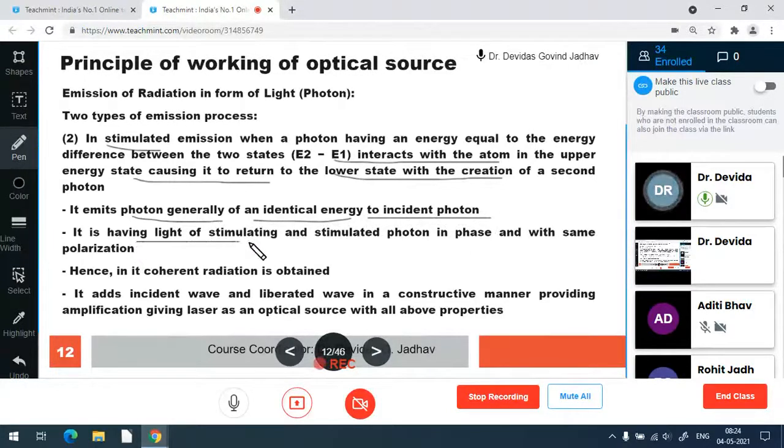So the stimulating and stimulated photons are in phase with the same polarization. Hence, this is coherent radiation. In coherent radiation, the incident wave and liberated wave add constructively and provide amplification. So it is called laser: light amplification by stimulated emission of radiation.